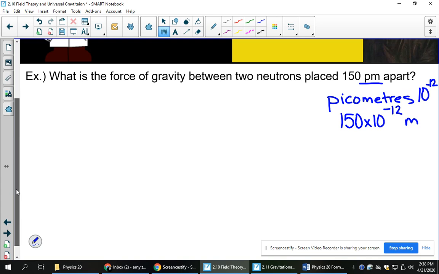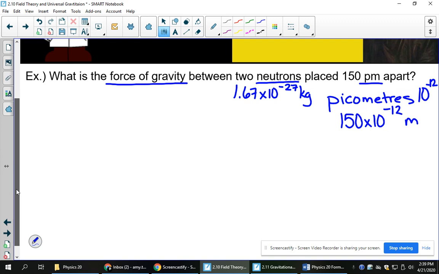Neutrons, on the physics 30 formula sheet, I know you don't have that, but on the physics 31, we would actually give you the mass of a neutron to be 1.67 times 10 to the negative 27 kilograms. And we're looking for force of gravity, so you need to know your terminology. The last formula, little g, was finding gravitational field strength.